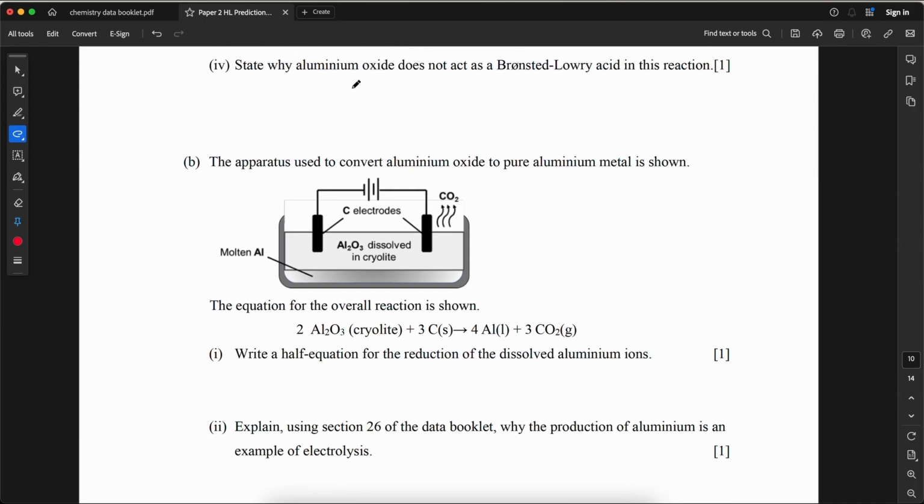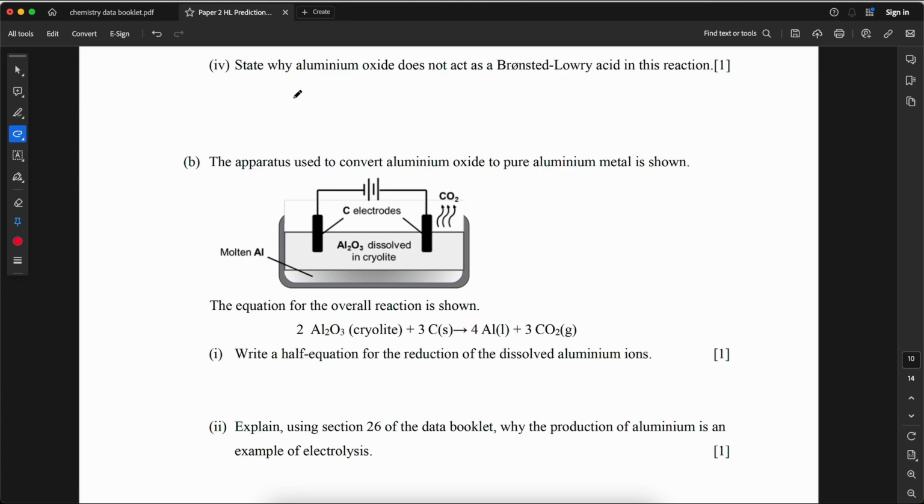State why aluminum oxide does not act as a Bronsted-Lowry acid in this reaction. Because when aluminum oxide reacts with base, we can call aluminum oxide an acid because it reacts with a strong base.